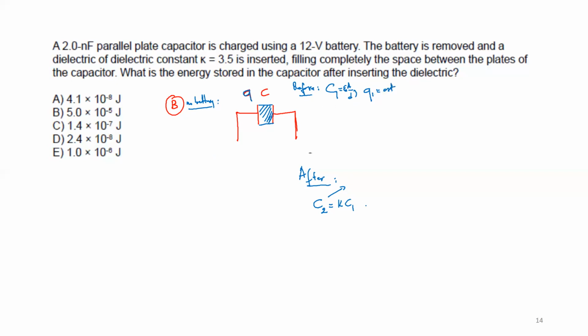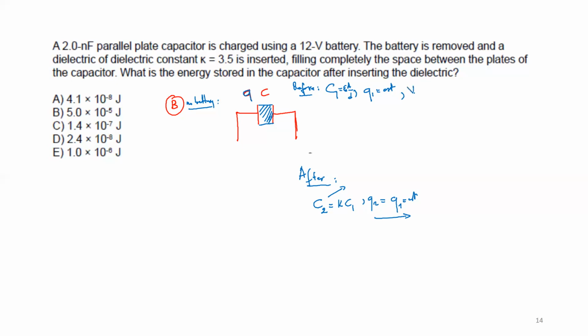So the charge Q2 after insertion of the dielectric is the same as the charge before insertion, it's constant. Basically, the dielectric is just an insulator. It's not taking charge, it's not adding charge. There's no battery. So the charge is constant.